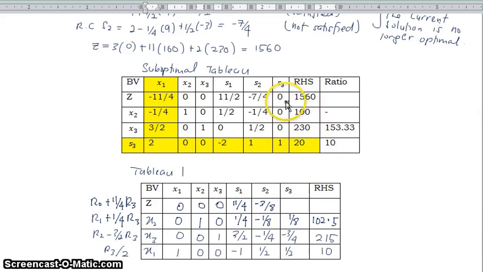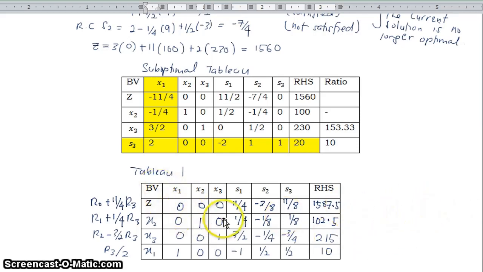And for S3, 0 plus 11/4 times 1/2. Give us 11/8. And the right hand side is 1560 plus 11/4 times 10. We get 1587.5.